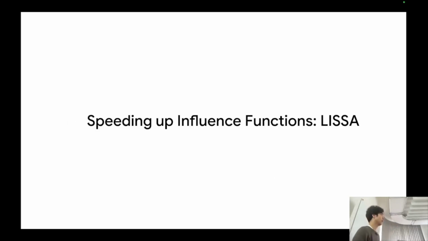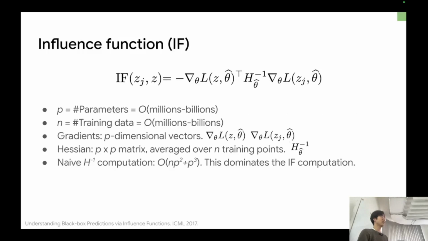Okay, so let's take a look at the computational aspect of this. We try to approximate the expensive procedure of leave-one-out retraining. Given the training set, I'm going to remove one training sample at a time and then retrain the whole system multiple times. That's super expensive, and that's why people came up with this gradient-based approximation.